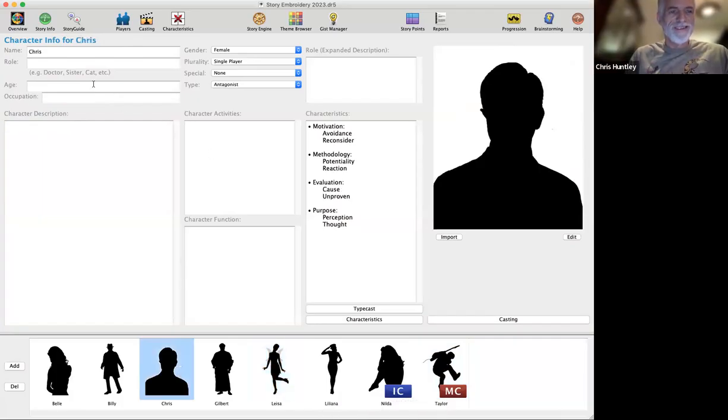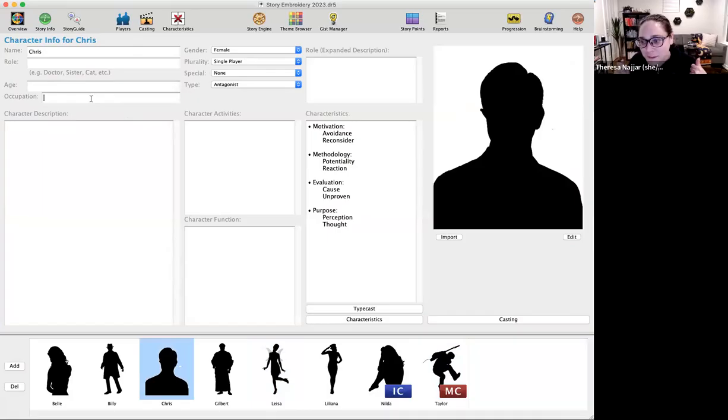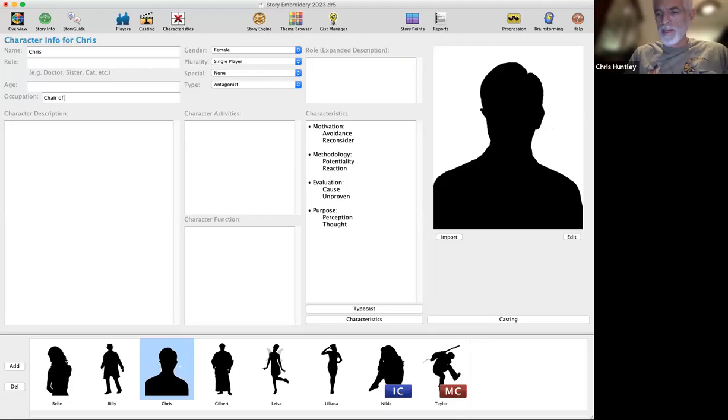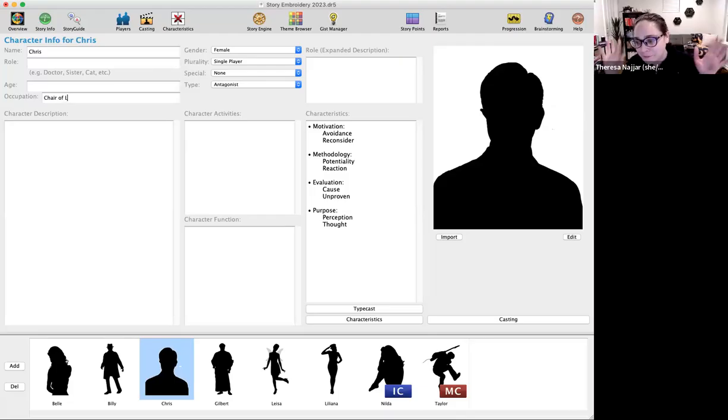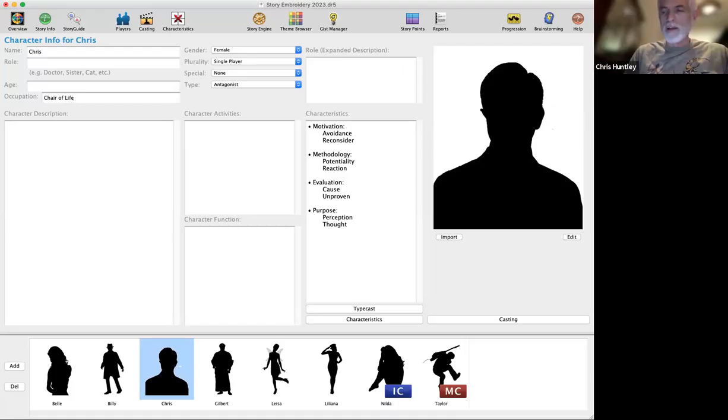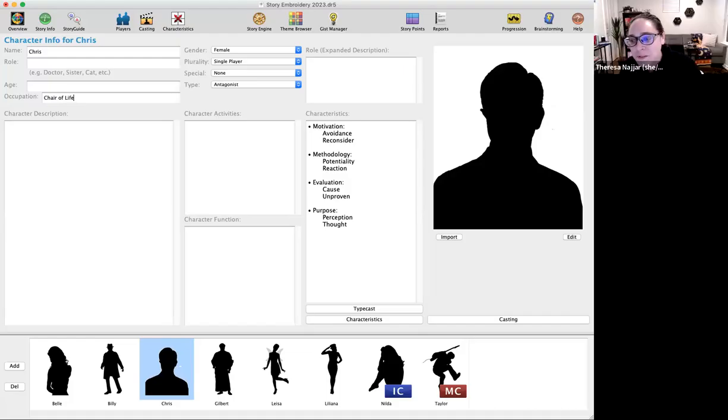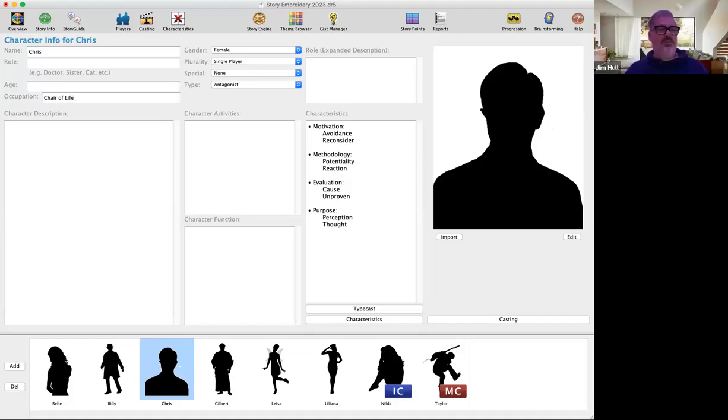The antagonist is the chair of the life givers, the other group, whatever it's called, the life champions or the life coaches. Like future life coaches.